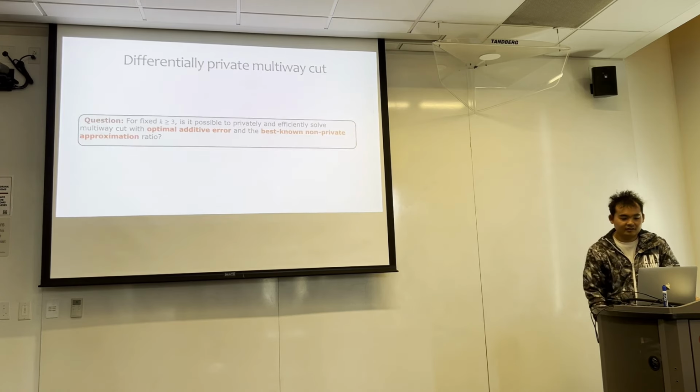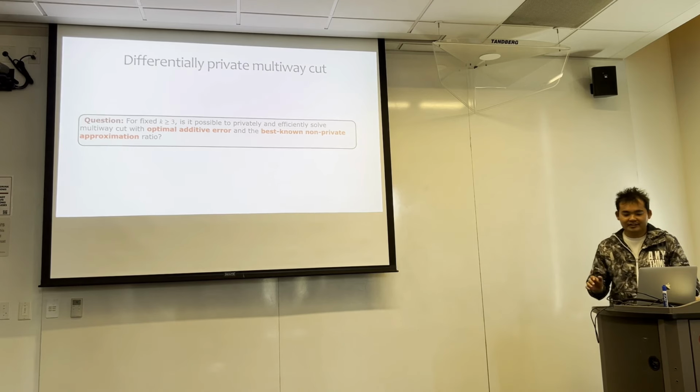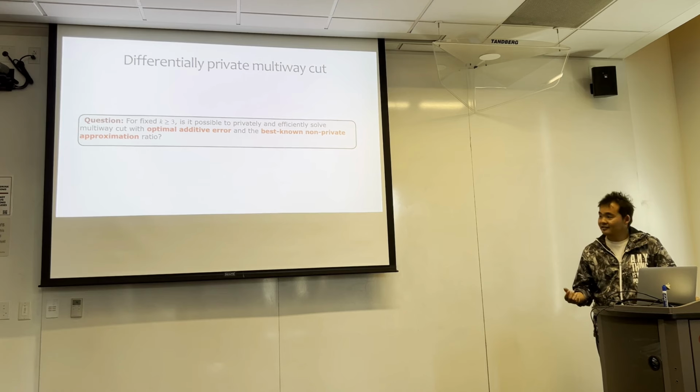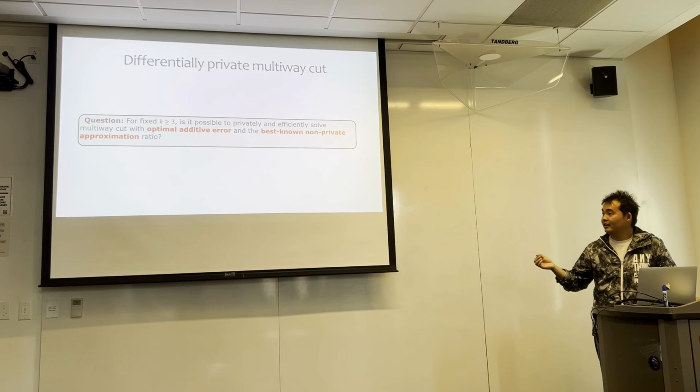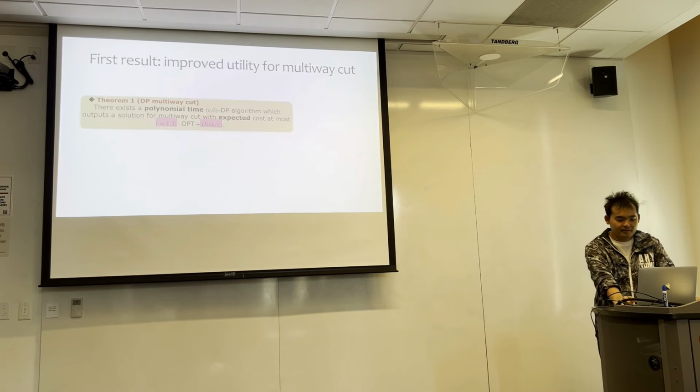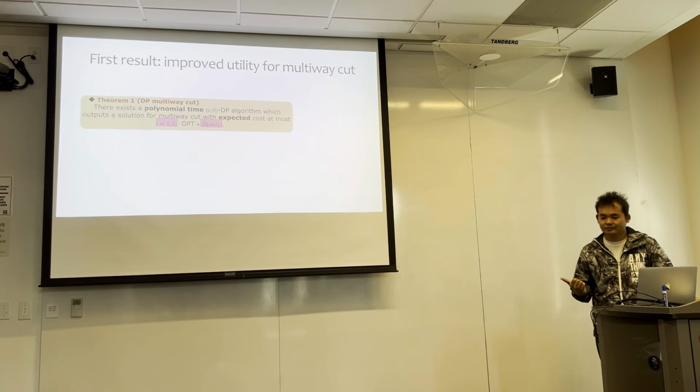So we first look at multiway cut. Based on the literature, a very natural question about private multiway cut is that for any fixed k, could we have an efficient algorithm that has both the best known optimal additive error and the best known non-private approximation ratio? To achieve the best optimal additive error, the error should be at most linear. In this talk, I'm going to show a positive answer to this question.